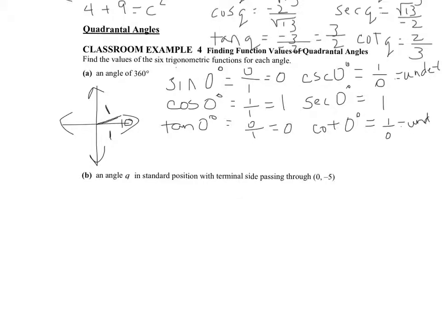Very good. Okay, now, here's what I want you to get. If I'm looking at a quadrantal angle, these are pretty much my options. It's either going to be 0, it's going to be 1, or it's going to be undefined. It doesn't exist.